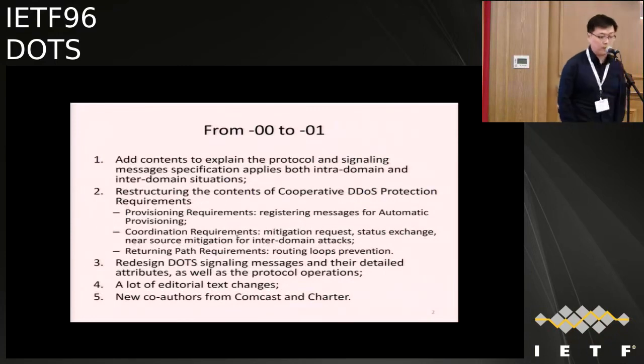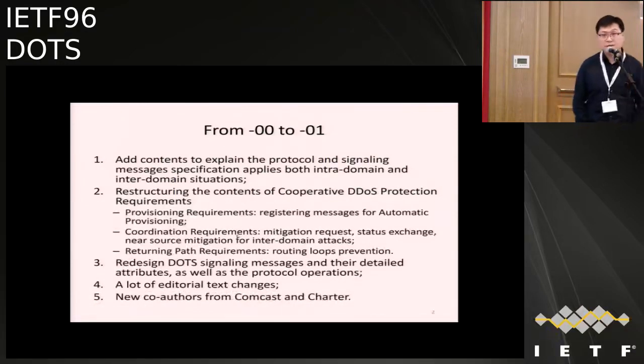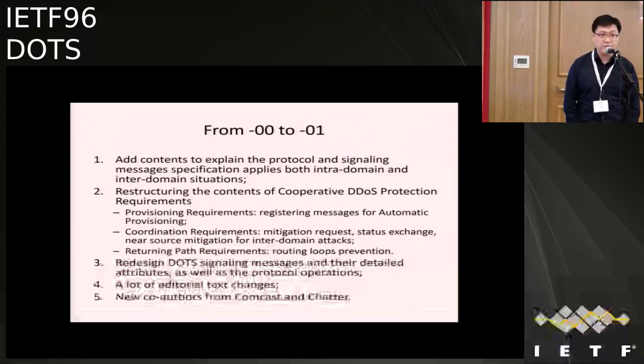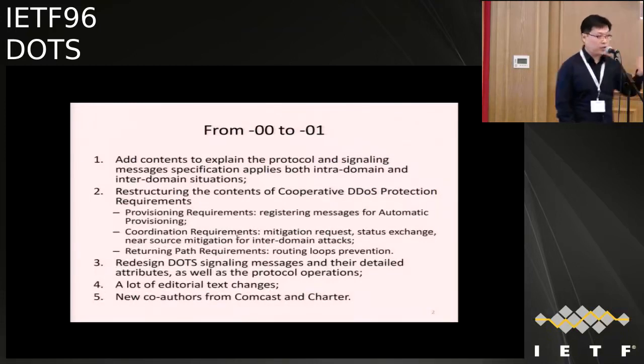Okay, and I think the most important change of this version is that we redesigned the DOS signaling messages and their related attributes. We have done a lot of changes to our previous message definition, because we find that our DOS protocol, especially for the signaling channel, needs asymmetric and unidirectional message exchange between the DOS client and server. So they are stateless connections. Because of this reason, we deleted some response and ACK messages.